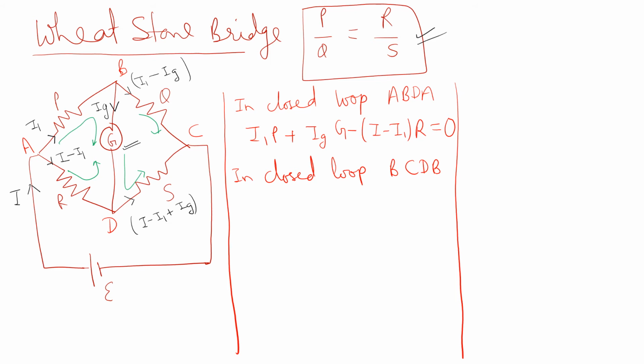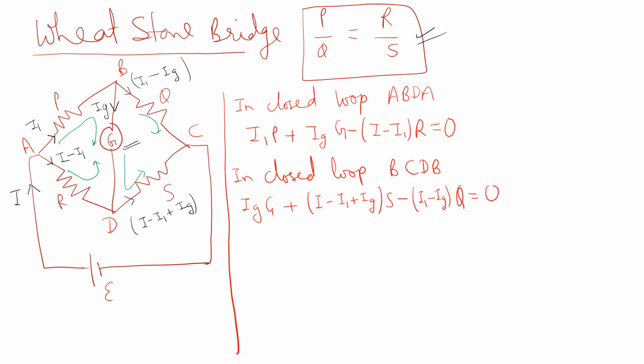So what I will get here, IgG plus (I minus I1 plus Ig) into S minus (I1 minus Ig) into Q equals 0.